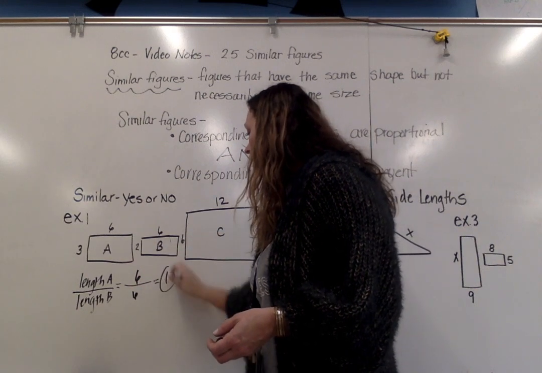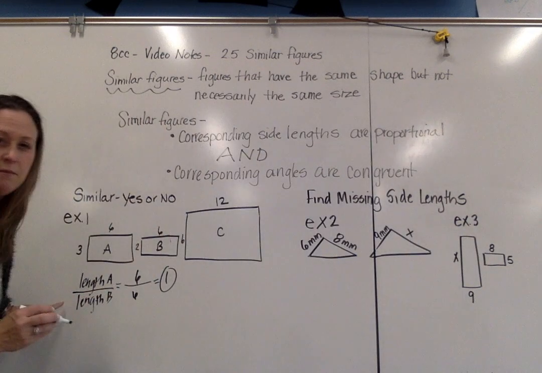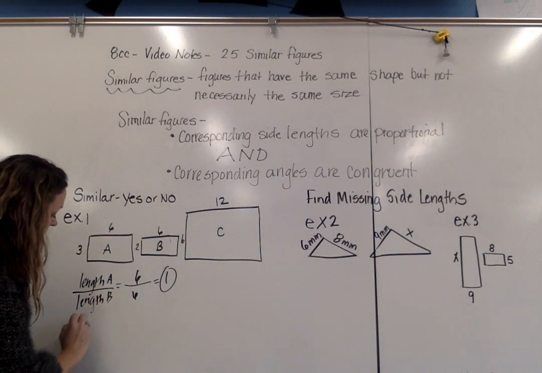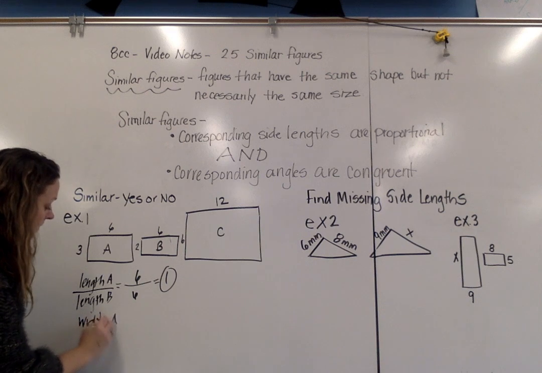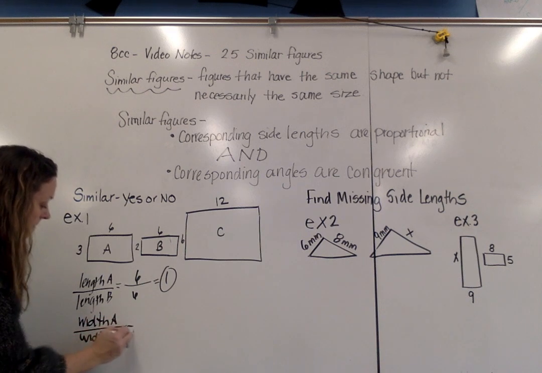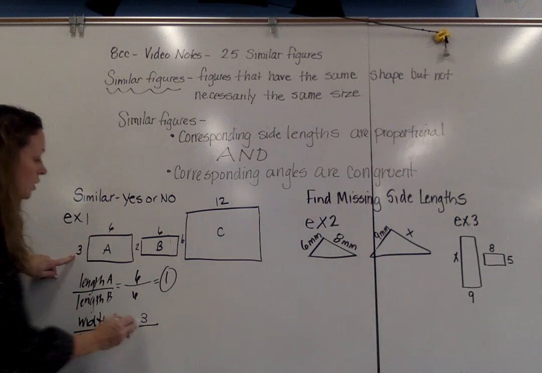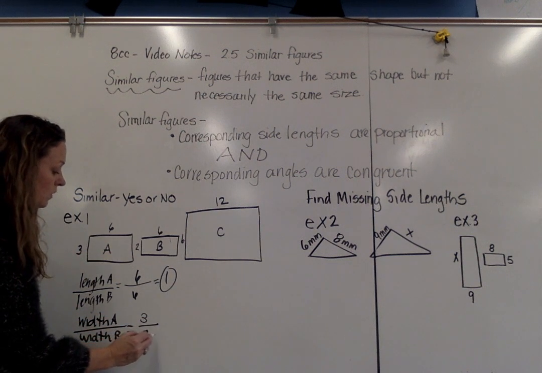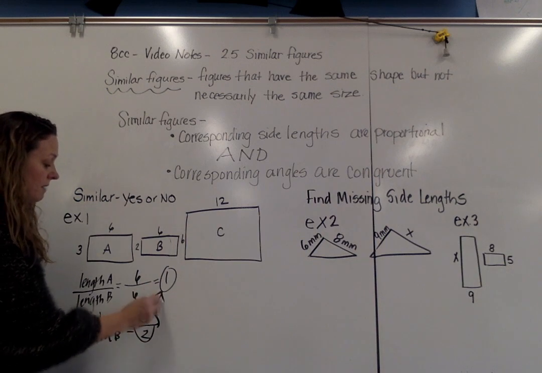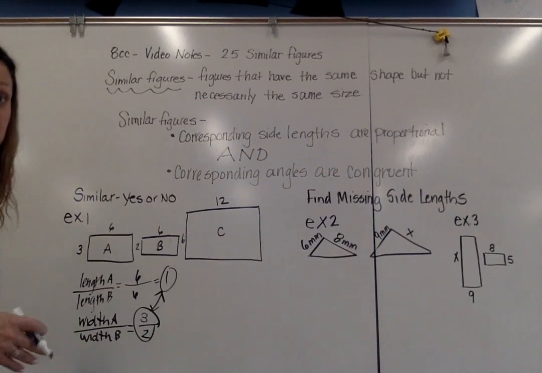That's a ratio of 1 to 1, or 1. If I were to do the same thing for the width, it would be width of A over width of B. So the width of A is 3. The width of B is 2. These do not match, and therefore A and B are not similar.